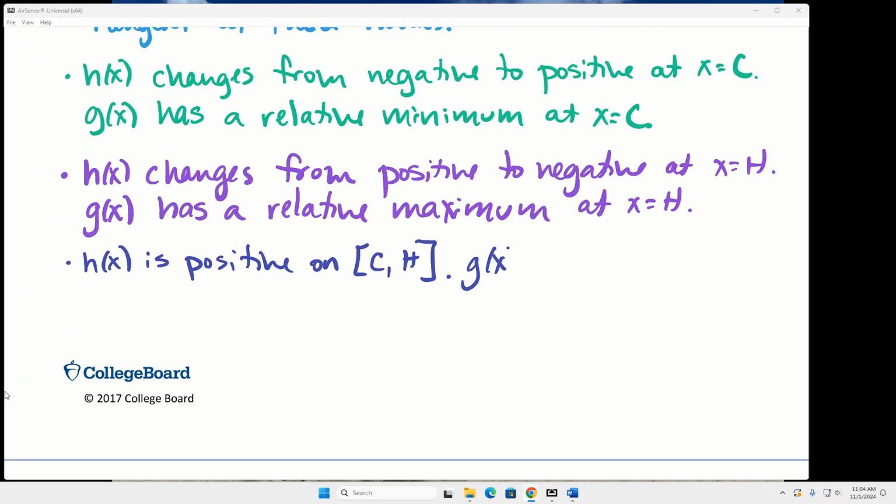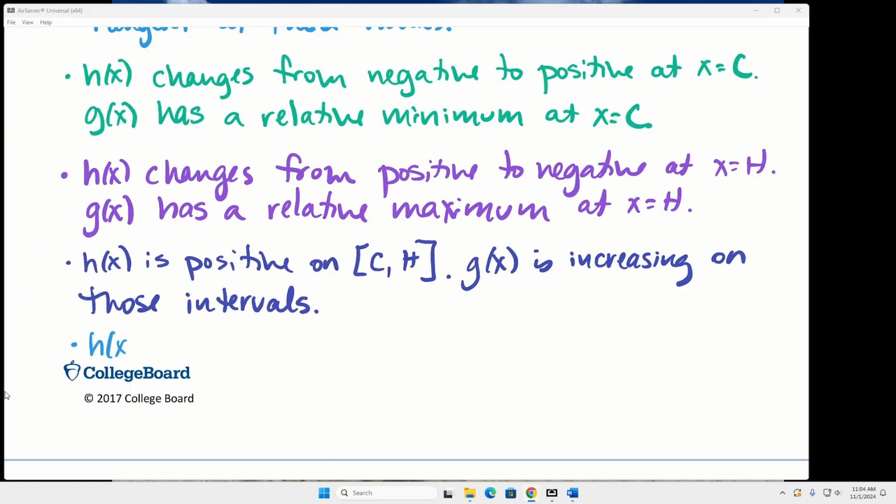And on those same intervals, g of x is increasing. All right, there's one more statement. Let's see if you guys can write it on your own.